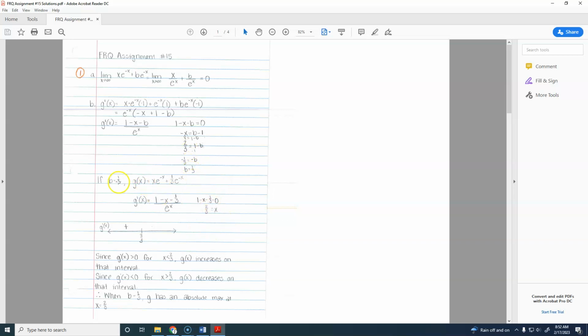So, I kind of rewrote the function here, which you can do if you would like, but you need this, like if b equals 1/3, and then you need to show doing that sign line for g. You definitely don't have to write this equation for g.